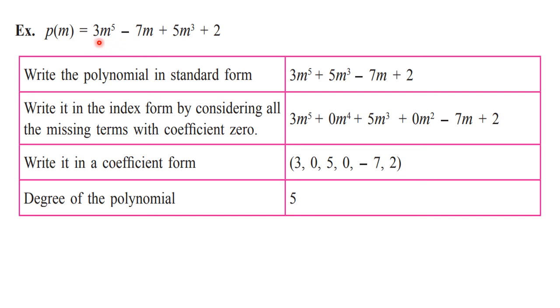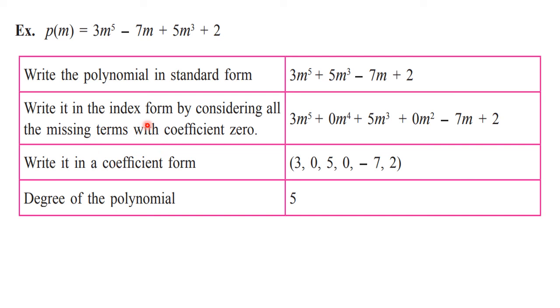So the term with the highest index you will write first. After that, you will go for the next term, that is 5m cube. Then minus 7m and plus 2. That means all the indices are arranged in descending order. This is called standard form.